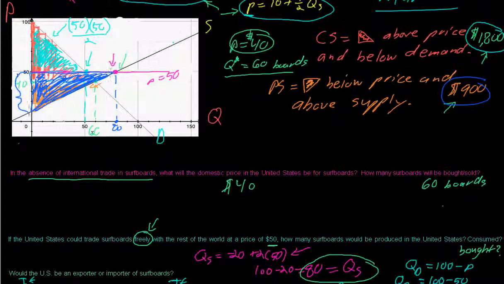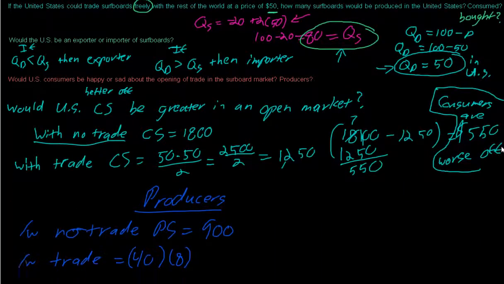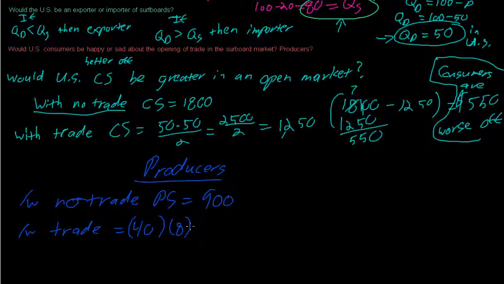This distance here is 80. So 40 times 80 divided by 2. So 4 times 8 is 32. Divided by 2 is 1600. Yes. 1600.